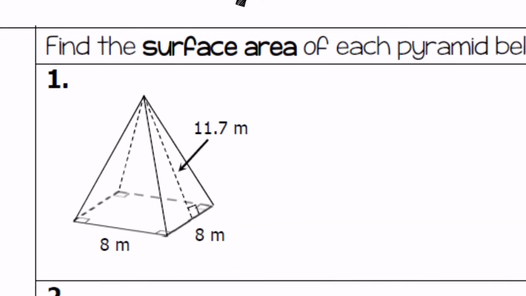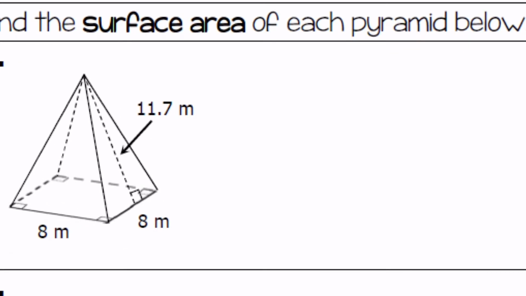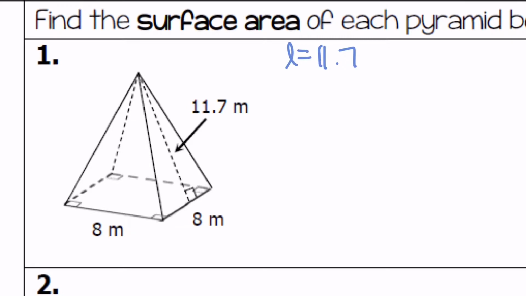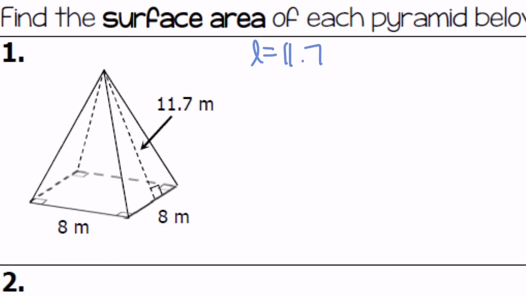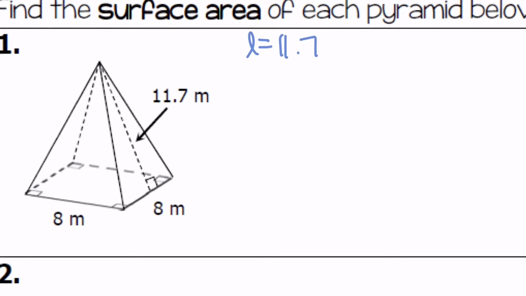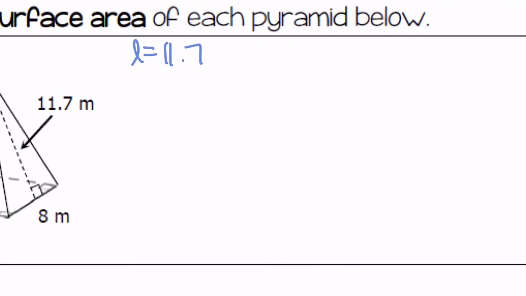Okay, if I want to look at number 1, my L, my slant, is 11.7 meters. And this is a square pyramid. Since the edges of the square are all 8, my perimeter is going to equal 4 times 8, which is 32.